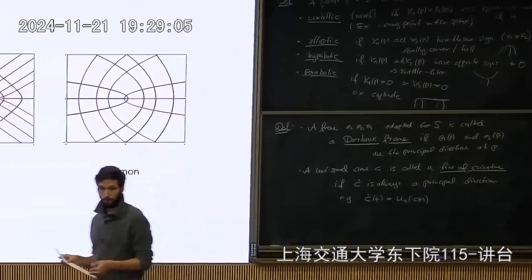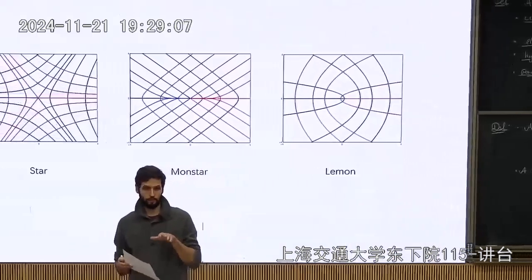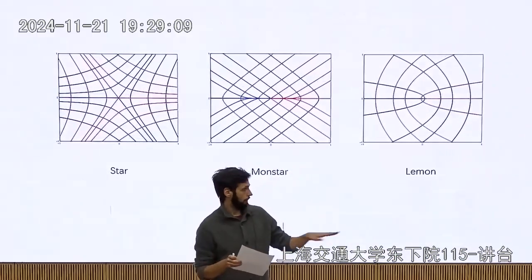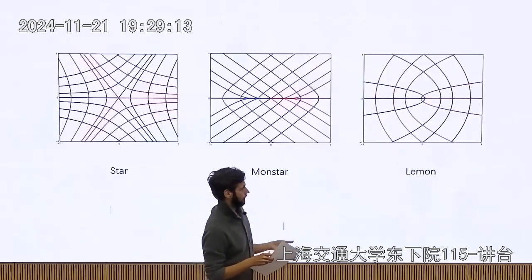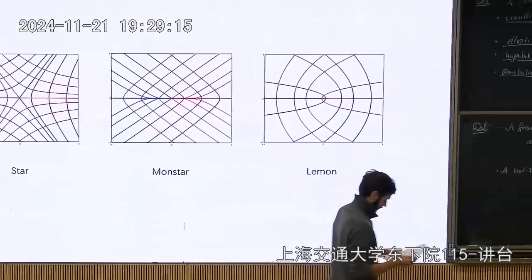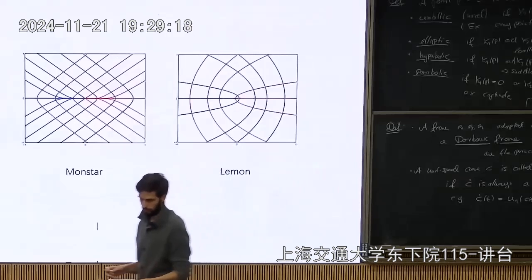So you have a curve that always goes in the direction of maximum curvature or minimal curvature, but really gives you always the principal directions. And you call it a line of curvature.